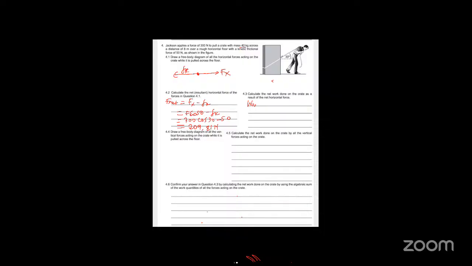So work net is F net change in x cos theta. Our F net is 209,81 multiplied by 8 cos of 0. And the answer is, what is the answer? 1,678,48.